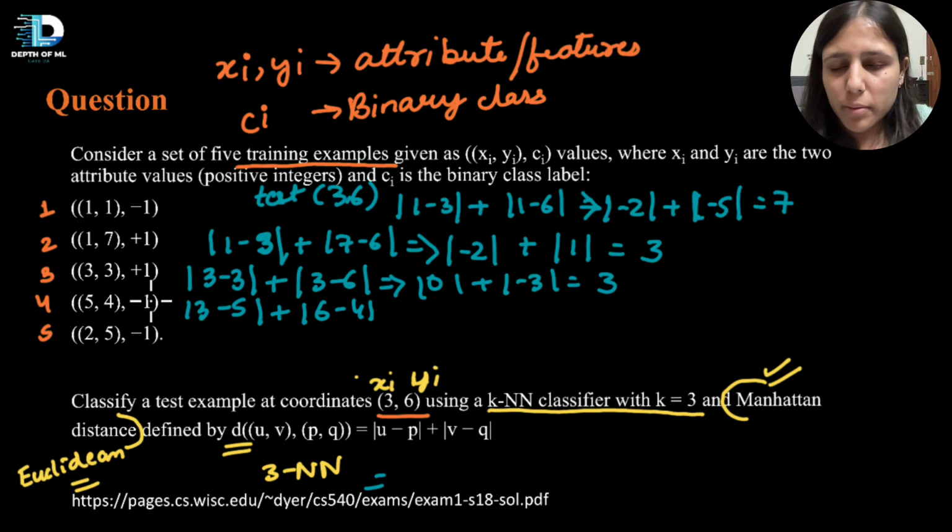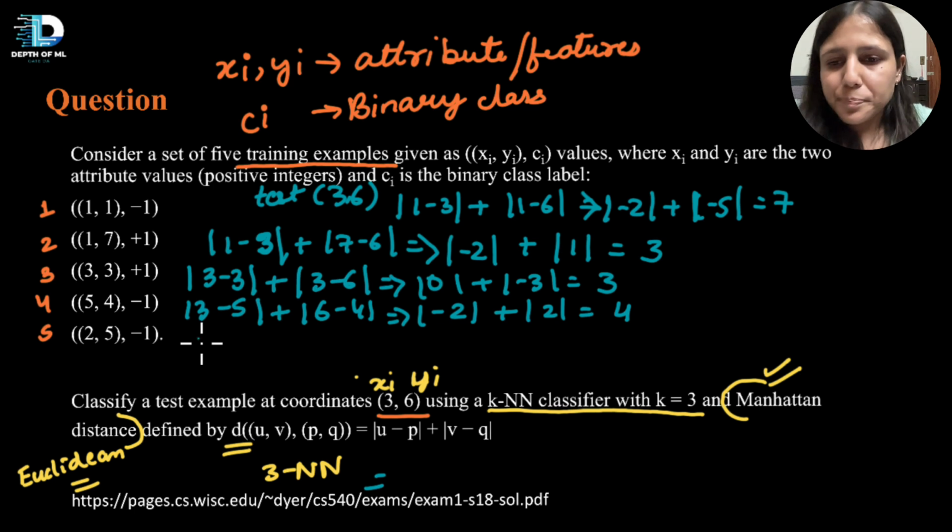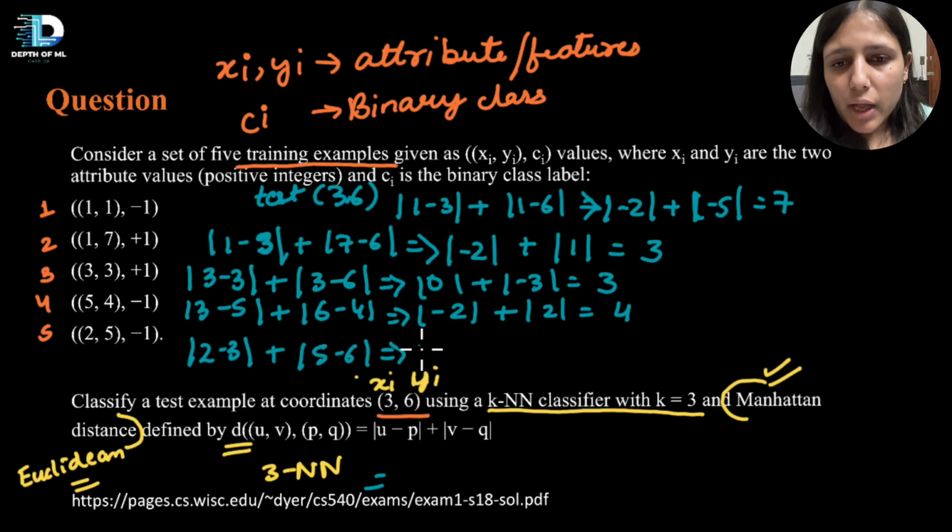I reversed the order by mistake, but it doesn't matter because we are taking the absolute value. So this is absolute value of minus 2 plus absolute value of 2, which equals 4. Then 2 minus 3 plus 5 minus 6, absolute value of minus 1 plus absolute value of minus 1, which equals 2.